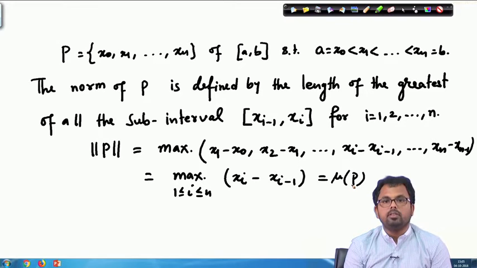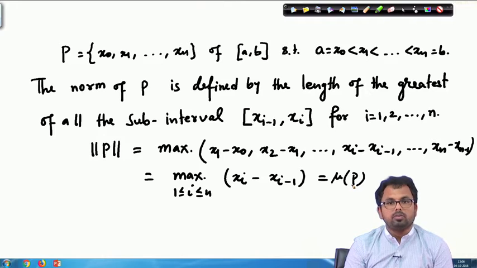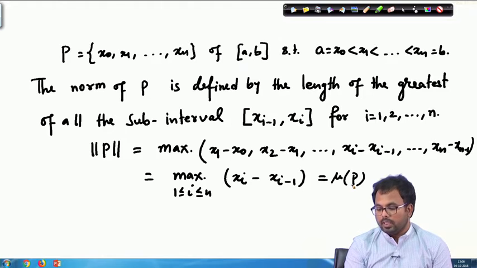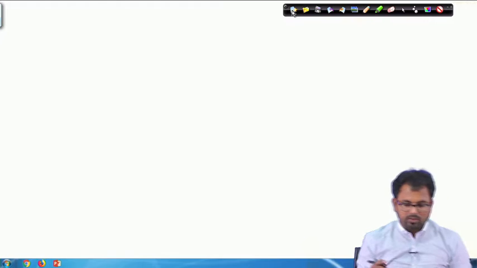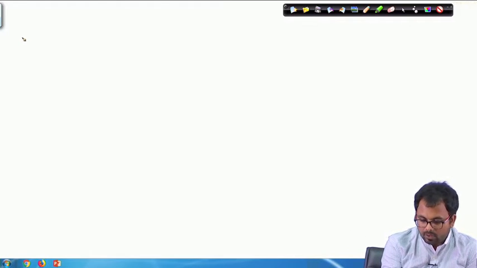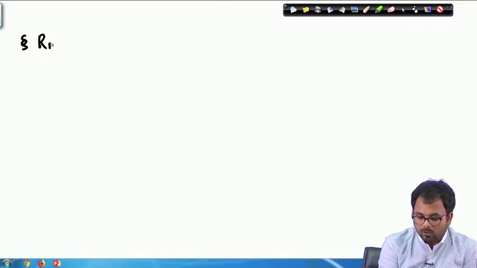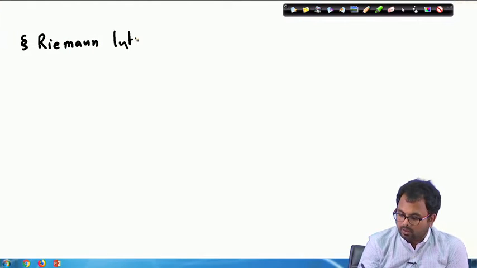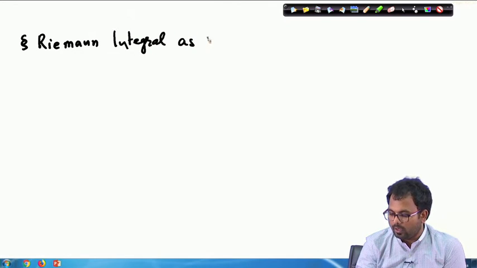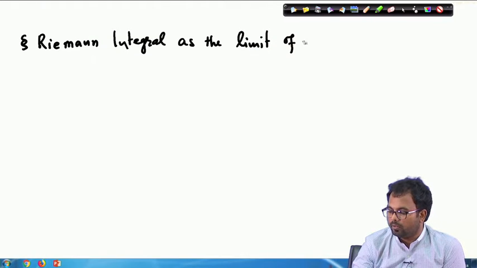Now that the definition of the norm of a partition is clear, we will look into one or two integrability conditions, to be very precise, Riemann integrability conditions. So let me start a new page. The first one is the Riemann integral as the limit of a sum.